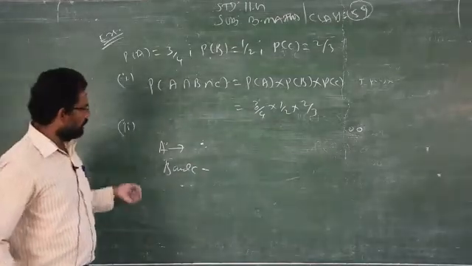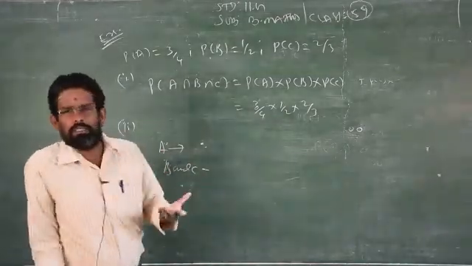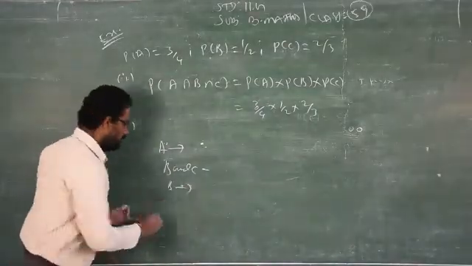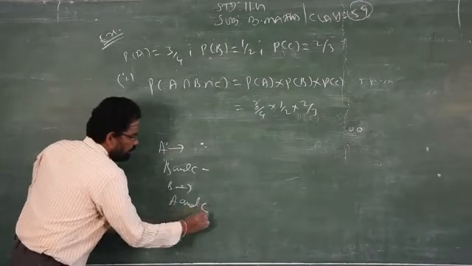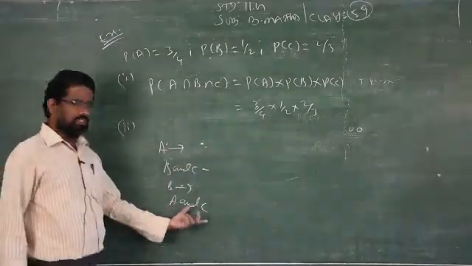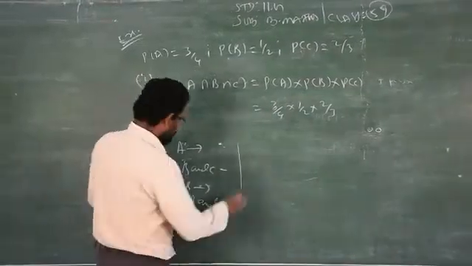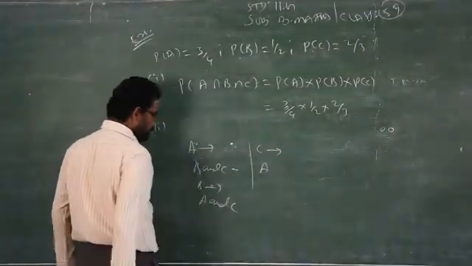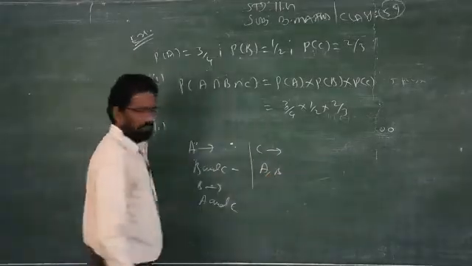Suppose in the war, if the enemy is shot by A, then B and C are not necessary. Similarly, when B shoots that enemy, then A and C are not necessary, because already the enemy is killed. The same way, in the case when C kills the enemy, then the bullets from A and B are not necessary. Clear?